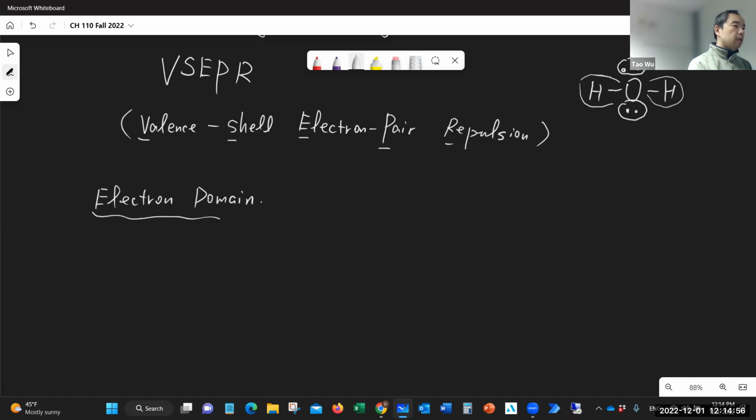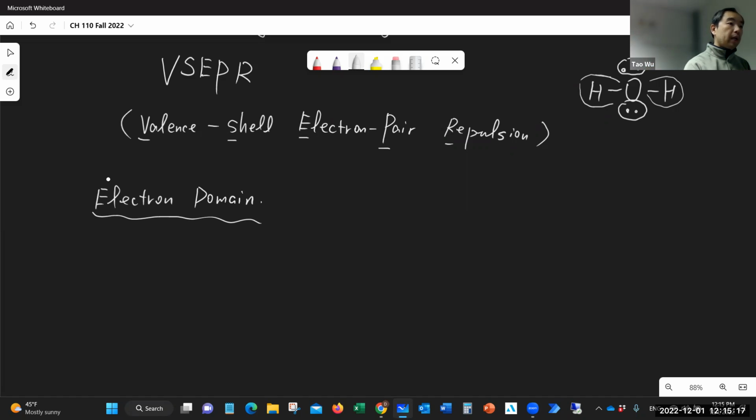The electron domain is just the balloons that you saw. Those electron domains push the other domains away from each other. The reason it's called a domain is because they occupy space.